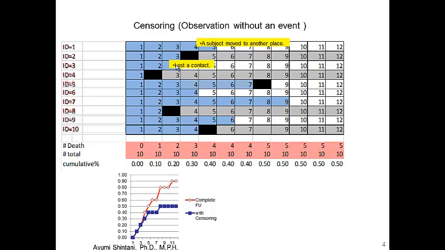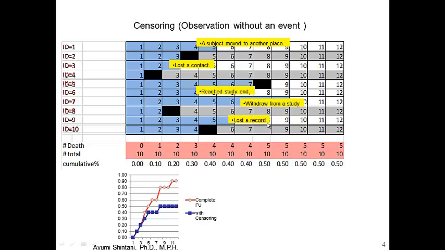So we don't know what happened to this patient after day 3. Person number 6 came into the study toward the end of the study, so we couldn't follow them longer than 4 days. And person number 7 refused to participate in the middle of the study, so withdrew from the study.